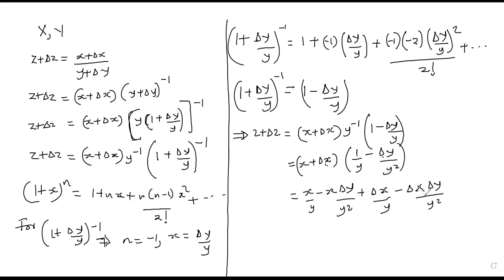If we neglect this one, because it is very small, it means that our z plus delta z is going to be x over y minus x delta y over y squared plus delta x over y.